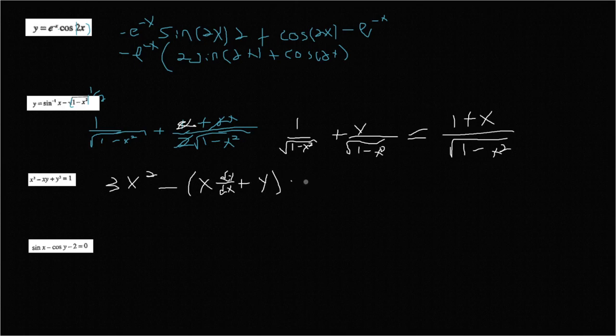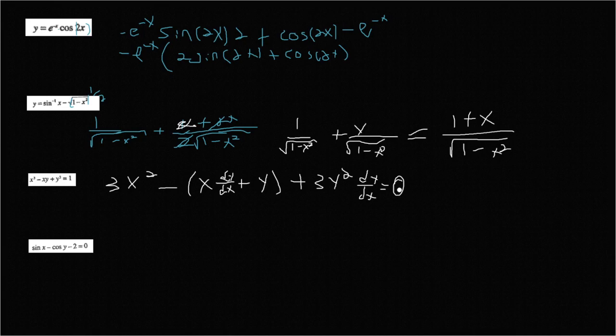But now we can do the same thing here. So this is going to be 3y squared dy/dx. And then we have to write the derivative of y with respect to x, dy/dx, is equal to 0.